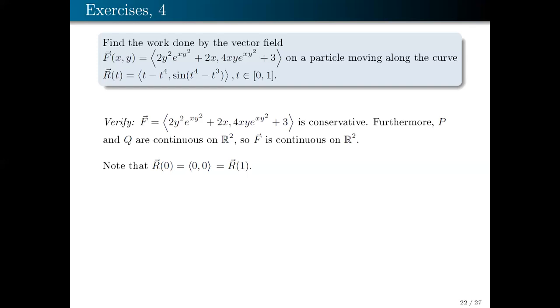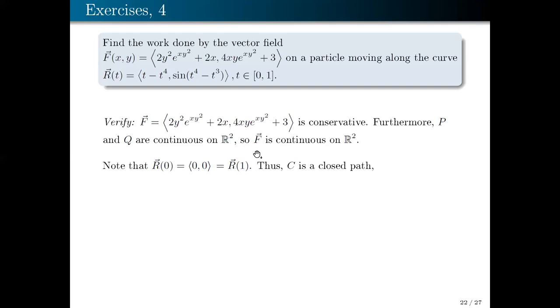Okay. So we have a curve with initial and terminal points coinciding. So we have a closed path. Okay, so now notice where we are headed, no? A vector field exerting work along a closed path. By the way, the vector field is conservative, no?